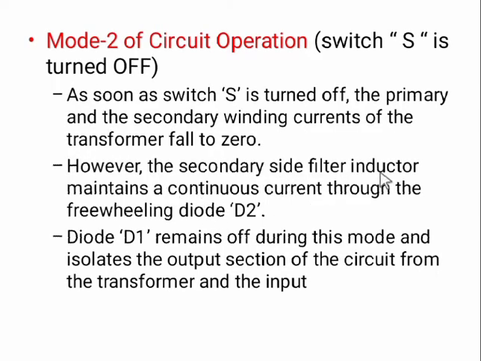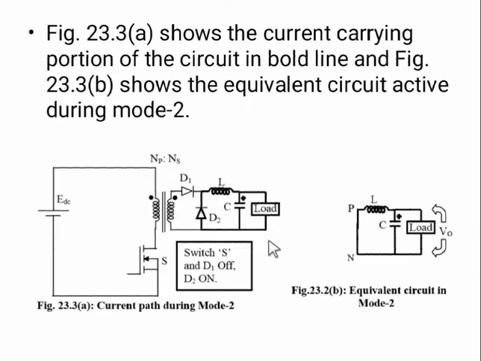However, the secondary side filter inductor maintains continuous current through the freewheeling diode D2, which I explained in the previous topic. So diode D1 remains turned off during this mode, but diode D2 will conduct. So it is known as the isolated power supply, which isolates the secondary winding from the primary winding. So in mode 2, this switch is turned off, so this circuit is removed and only the diode is conducting.